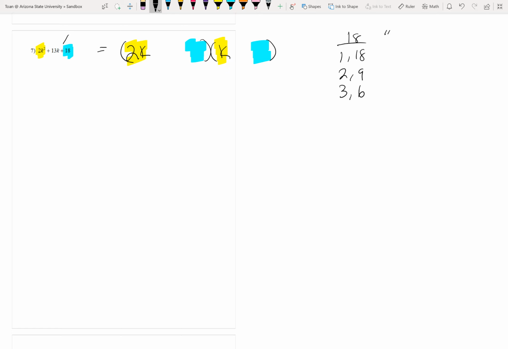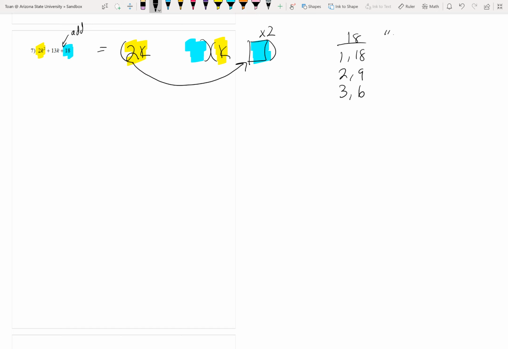The middle symbol is a plus, so I think of add. But do know something. Because I know for a fact the leading term here has to be a 2, know that whatever you put into this position will get multiplied by 2.